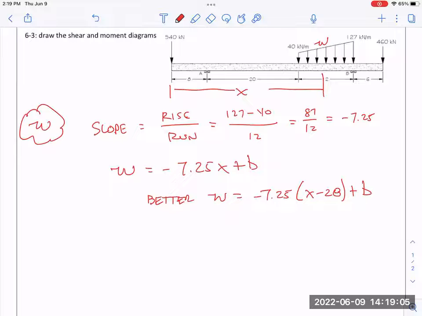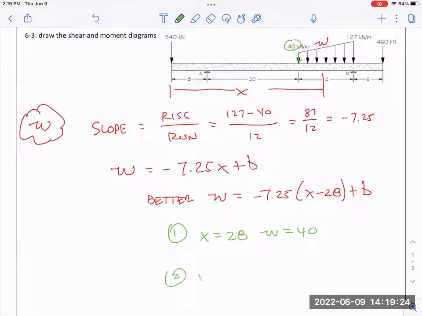Well, this is the cool part. Do you agree that when x is 28, I'm supposed to get 40? That arrow right there is 40. Where is that? It's at x is 28.